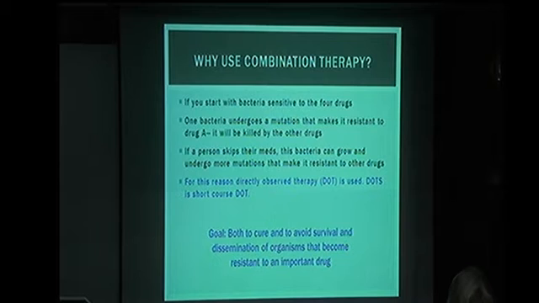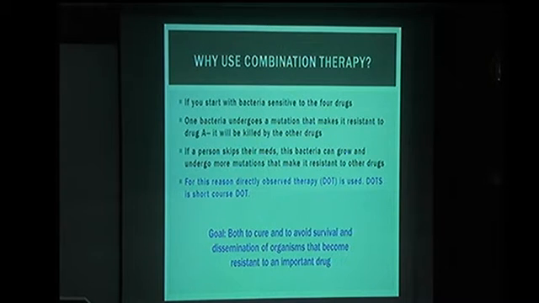So we use combination therapy. Again, we've gone over why you have to use multiple drugs so that you don't get mutations. And also, one of the strategies for treatment, because compliance is difficult for this disease, is directly observed therapy.